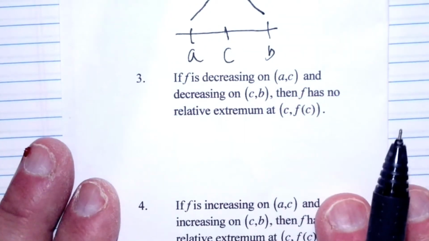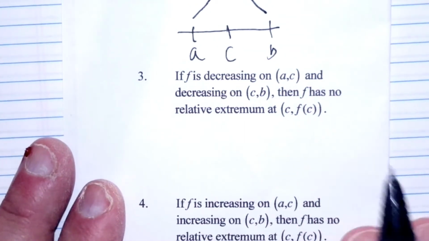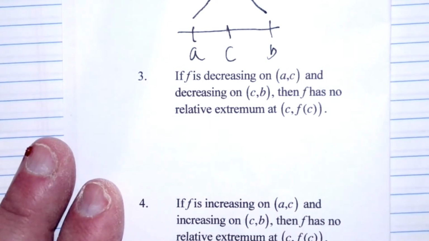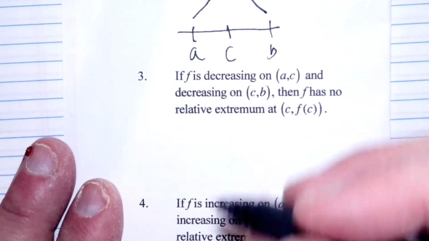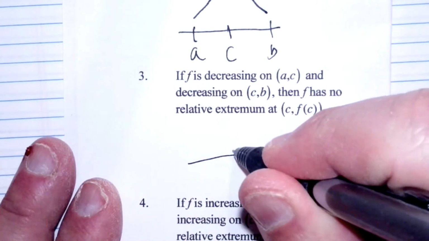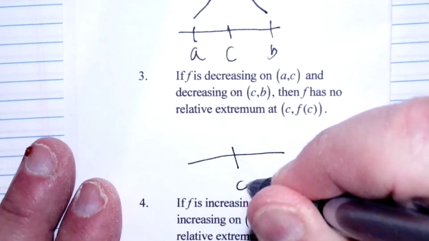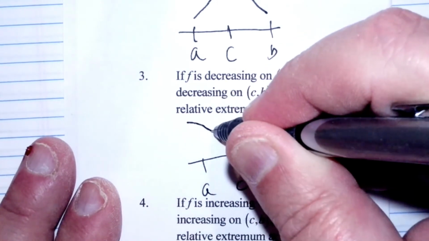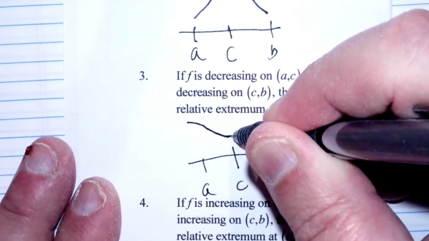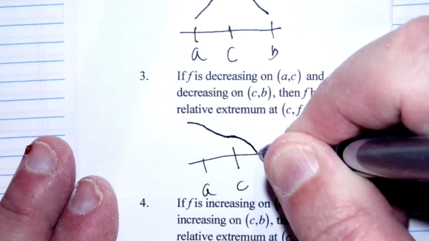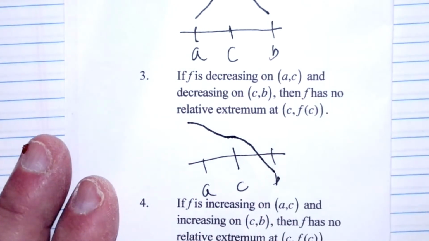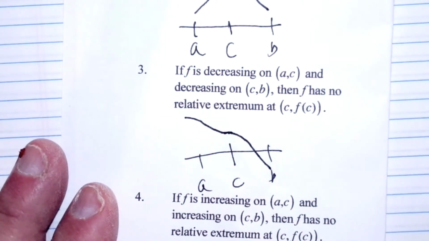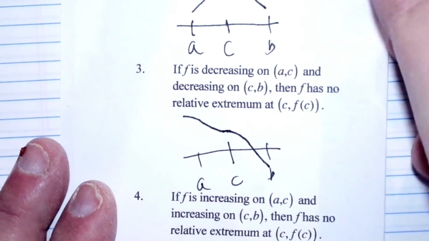And finally, 3 and 4 are very similar. If f is decreasing on a to c and decreasing on c to b, we have a situation where the function comes down. It might level off briefly at c, but then it's going to continue to decrease. There's neither a maximum nor a minimum at c, f of c.